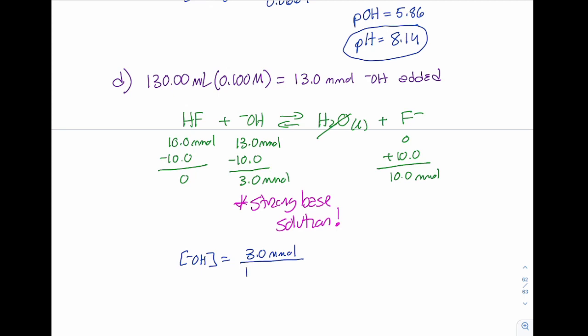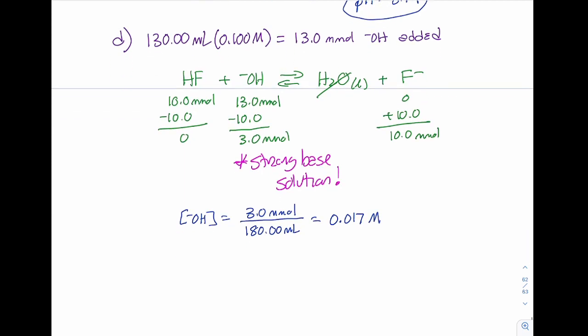So I have 180 milliliters right now. And then I'm going to divide 3 by that. And my concentration of hydroxide ions is 0.017 molar.